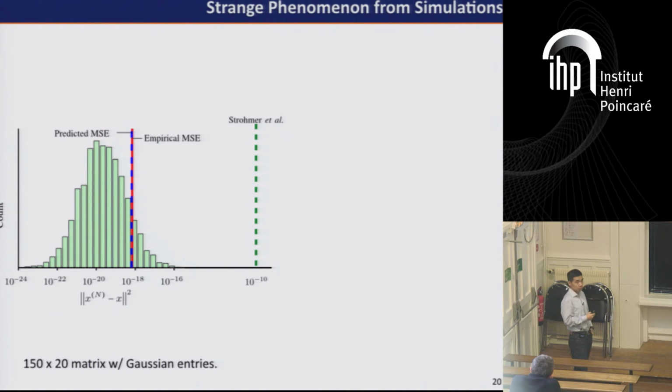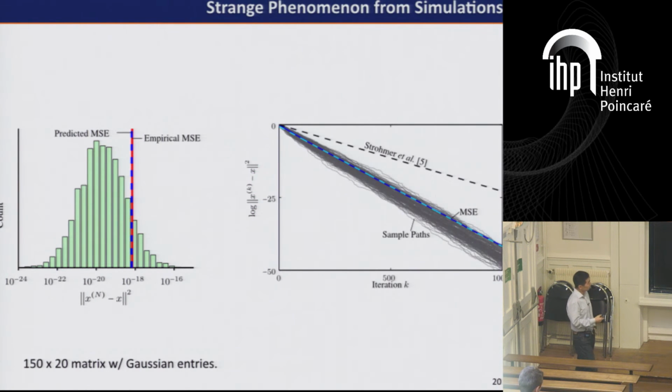But clearly, there's more to the story, because the MSE is not a very typical representation of the performance. The typical representation should be at the bulk, the center of this histogram. Because the horizontal axis is in log scale, there is a 2 orders of magnitude difference between what the MSE predicts and what, for example, the median of these realizations actually achieves. So here is a different curve, but I don't think it's easy to see with this projector.